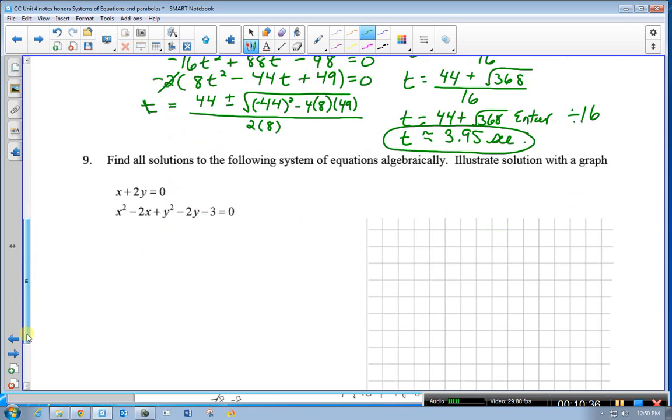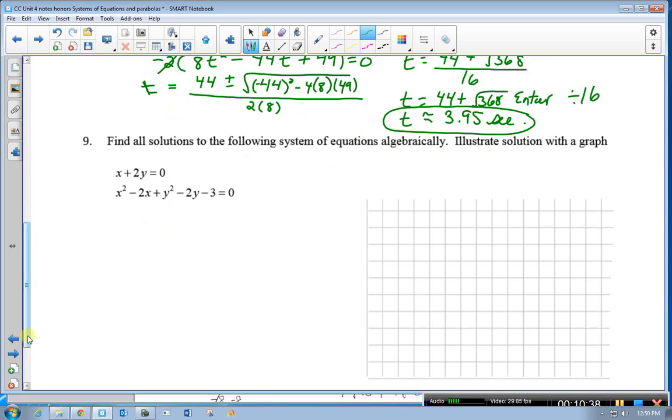Okay, number 9. Find all solutions. On this one, what we want to do is a little bit of completing the square again. So x squared minus 2x plus blank, plus y squared minus 2y plus blank, equals 3.